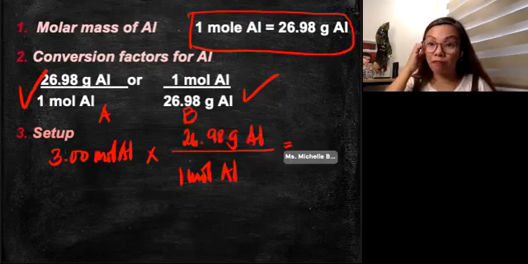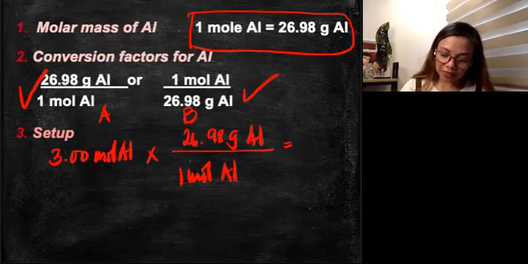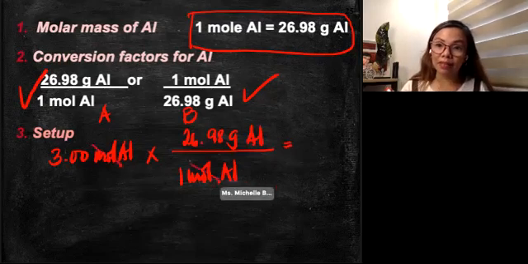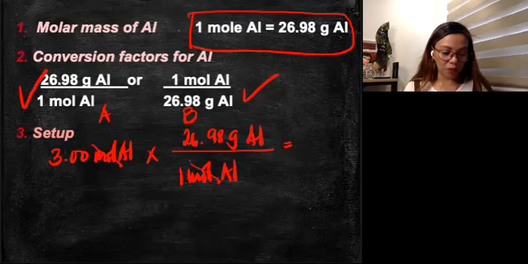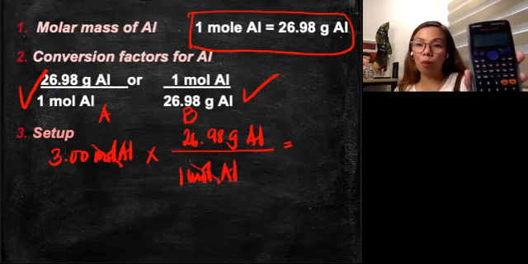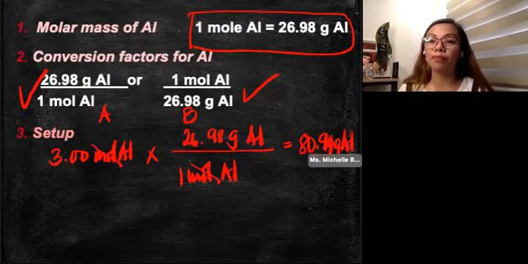Why is A the preferred conversion factor setup? It is because you can cancel mole. Mole divided by mole is equal to 1. Therefore, using the calculator, 3 times 26.98 is 80.94. So 80.94 grams of aluminum.